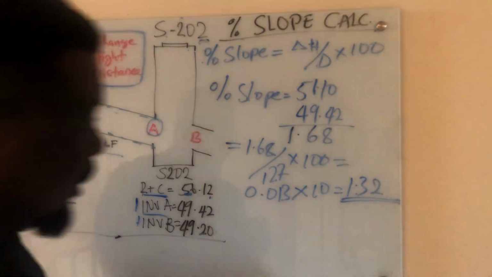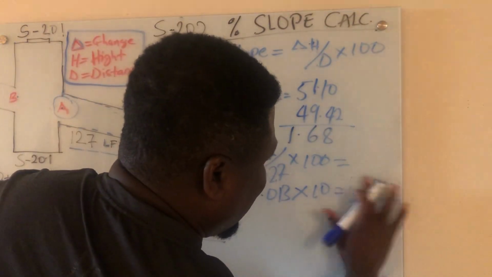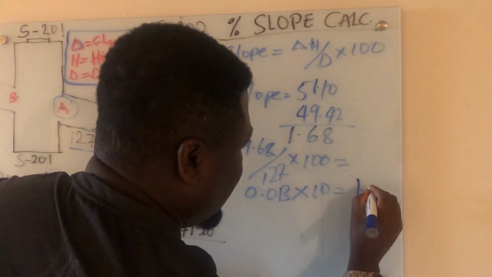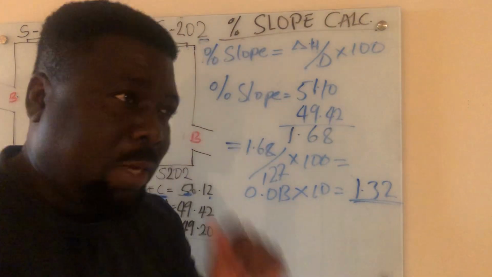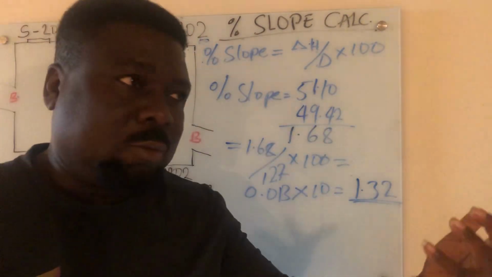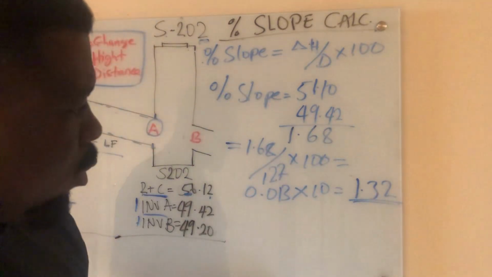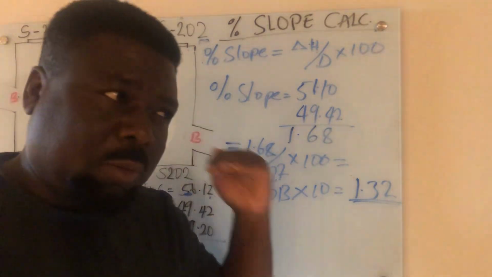That is very important. Pay attention to the numbers here. The slope, 1.32.